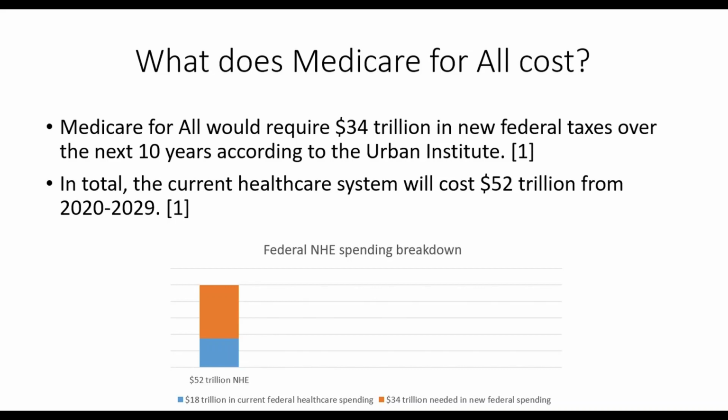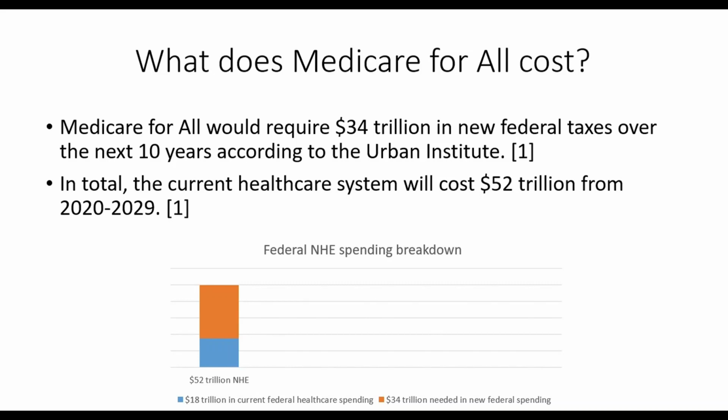In total, the current healthcare system will cost $52 trillion from 2020 to 2029, and that's over a 10-year period. So right now, until 2029, the United States will already be spending $52 trillion on healthcare, which is crazy. So how do they come to this estimate that we will need $34 trillion for Medicare for All?